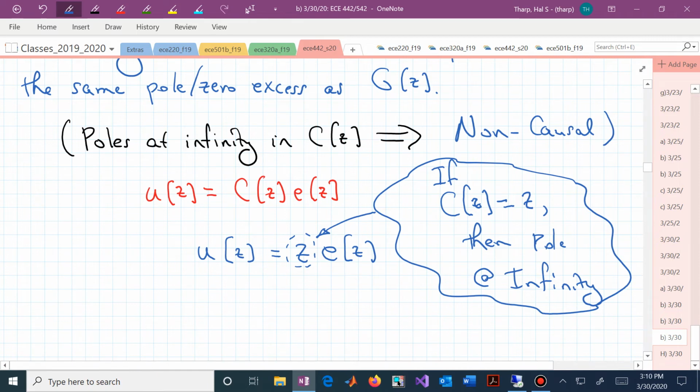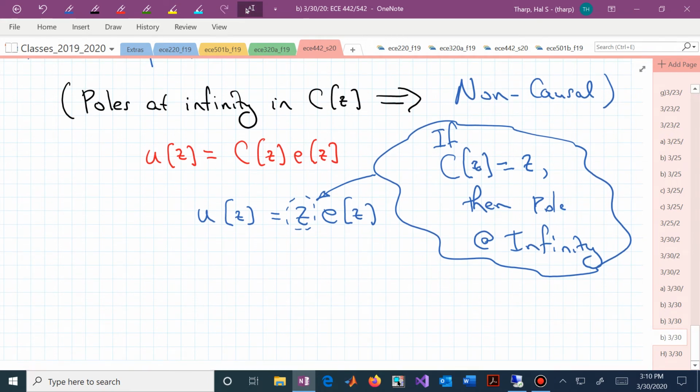This is the simplest way of realizing a pole at infinity, to just have a transfer function equaling Z. There the numerator order is 1, the denominator order is 0. You have an improper transfer function. But what does this look like now in the time domain? That's the frequency domain relationship, U of n, and what does the Z operator do? That's an advance in time.